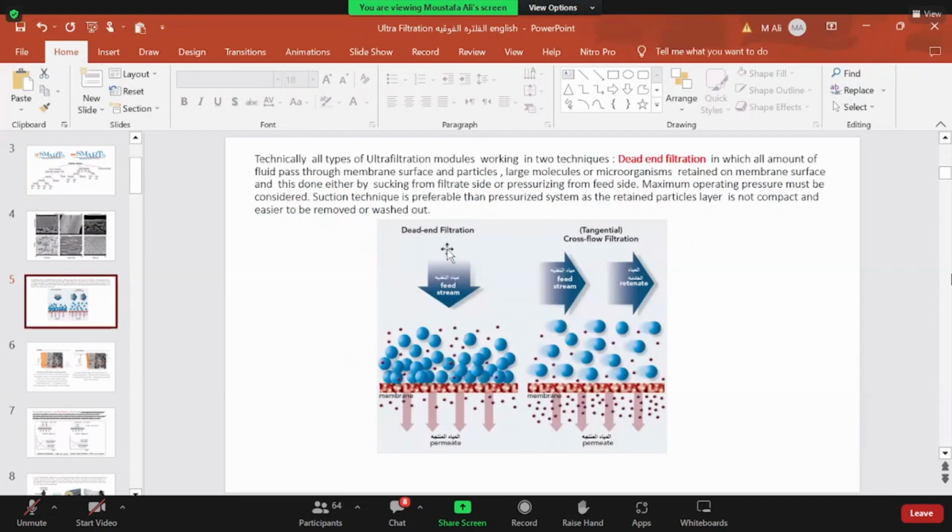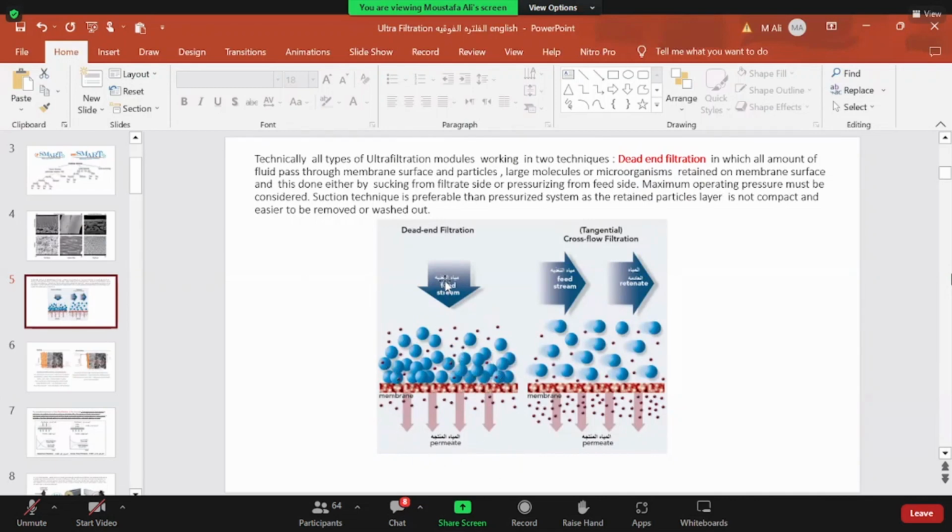This is the dead end filtration. This means all the amount of fluid, let's say water as an example, passes through the membrane surface. This means there is a filtrate side and a feed side.